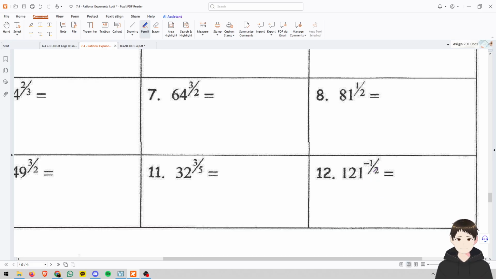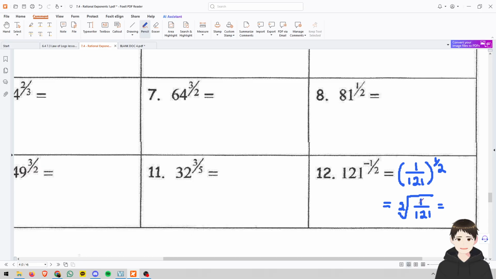Well, first I see a negative. I don't like that. So I'm going to rewrite this as 121 in the denominator. And so, what is the square root of 1 over 121?